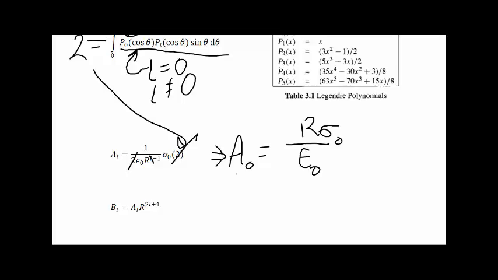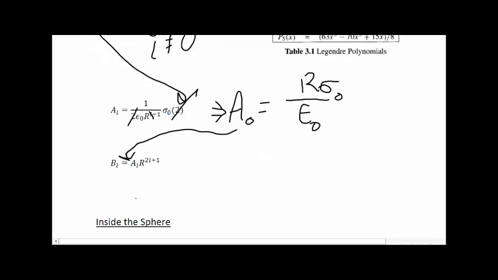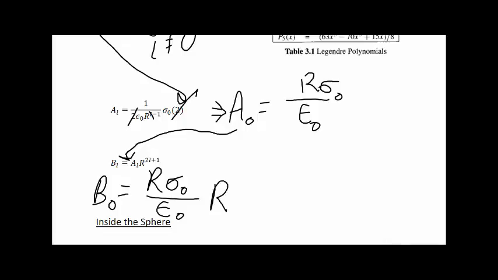And then you wind up plugging that back into here to get your B naught, R sigma naught over epsilon naught times R. It's the 1, so you wind up with an R squared sigma naught over epsilon naught.